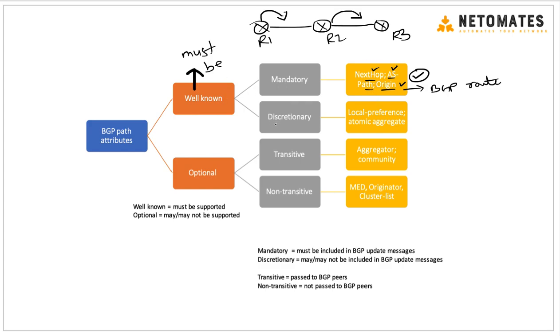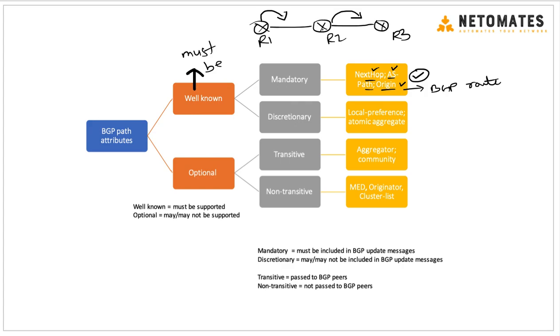Okay, let's see the discretionary. If R1 is sending a route using well-known discretionary attributes, R2 will understand it because, being well-known, it should be supported by any type of router.